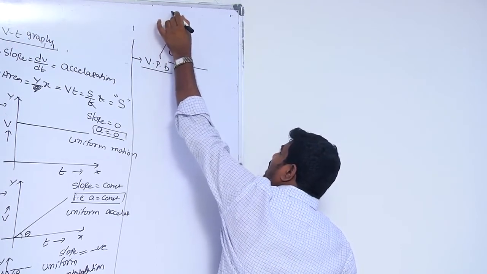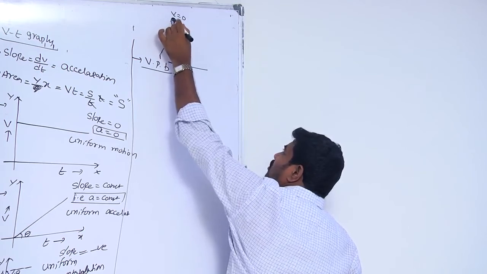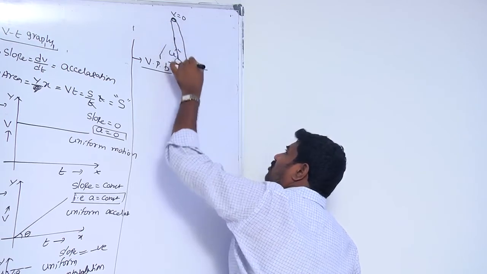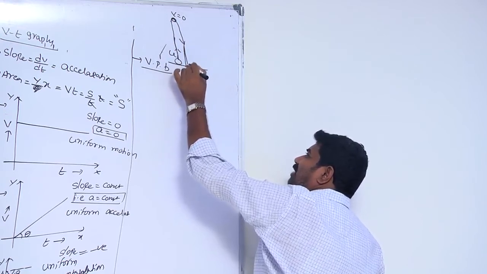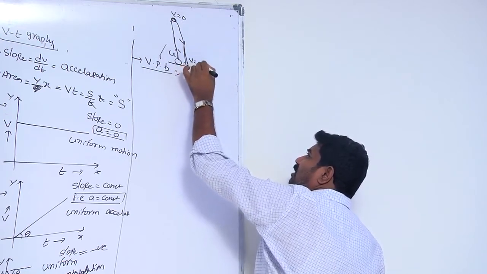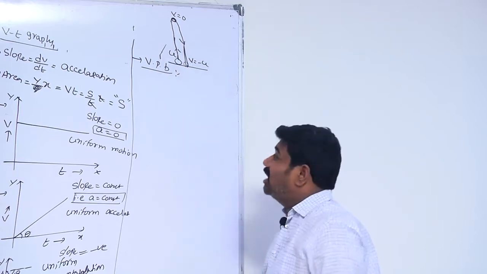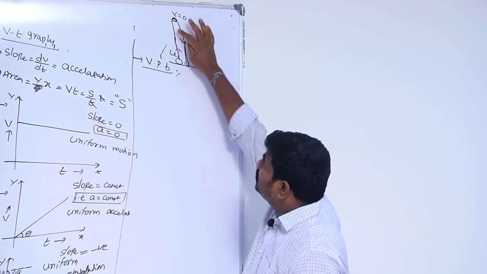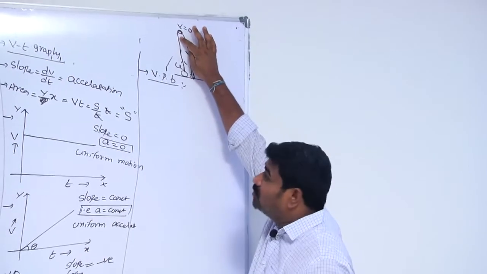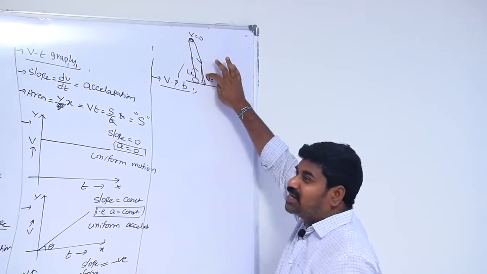At a particular maximum height, velocity becomes 0. After that, when moving downward, velocity gradually increases. When it reaches the same point of projection, velocity is the initial velocity but in the opposite direction. So initially it is uniform retardation motion, after that accelerated motion.